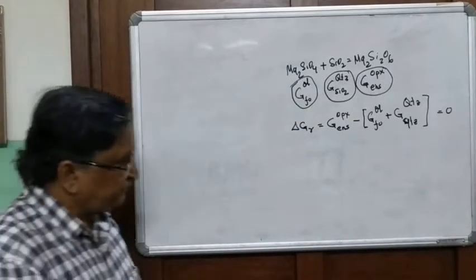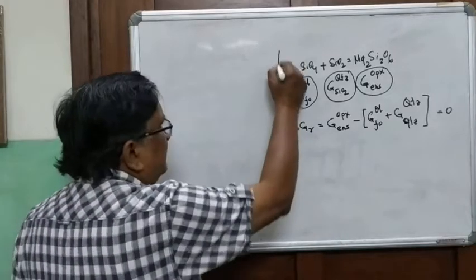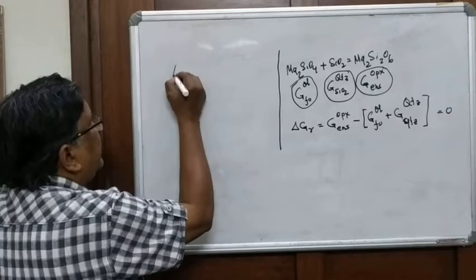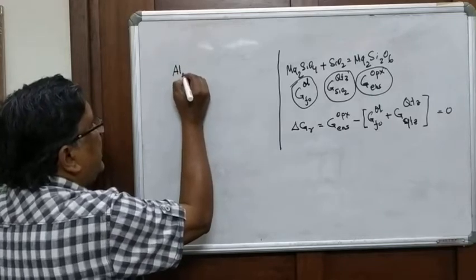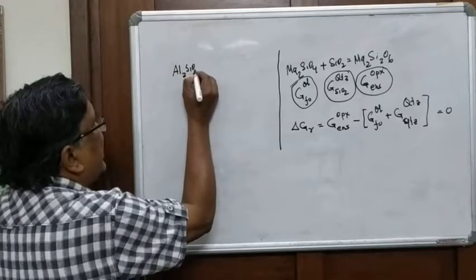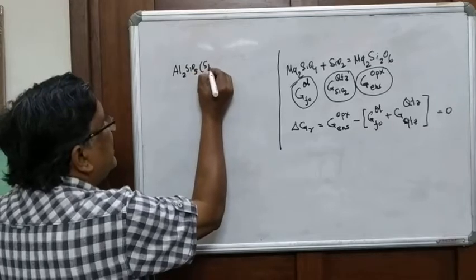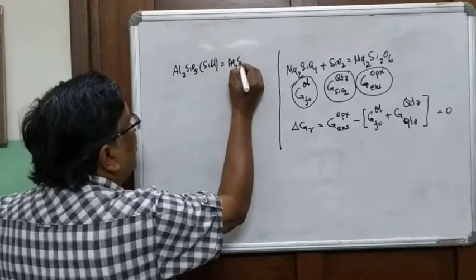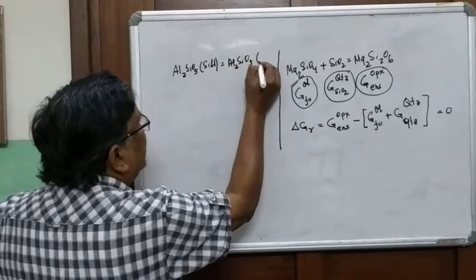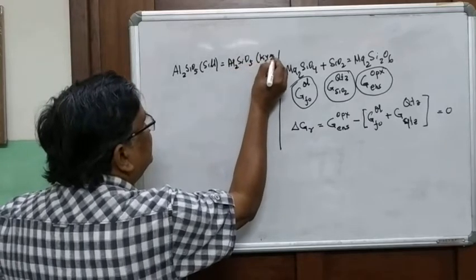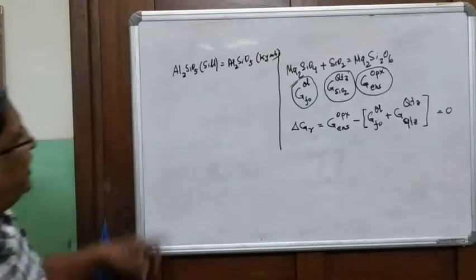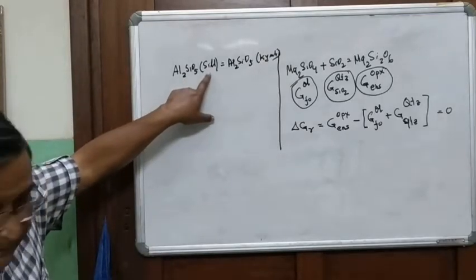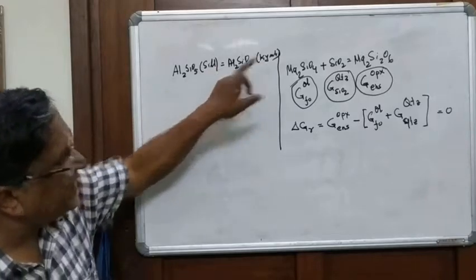Why? I will give you an example. Say, for example, here I am taking a reaction Al2SiO5 sillimanite is equal to Al2SiO5 kyanite. So the phases in equilibrium are the phase components Al2SiO5 in sillimanite and Al2SiO5 in kyanite.